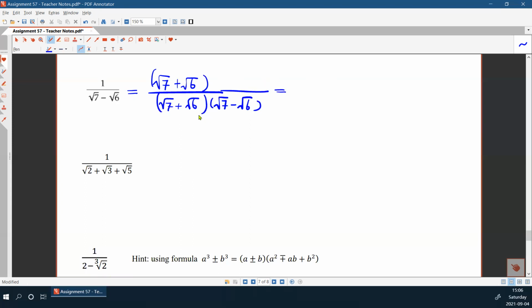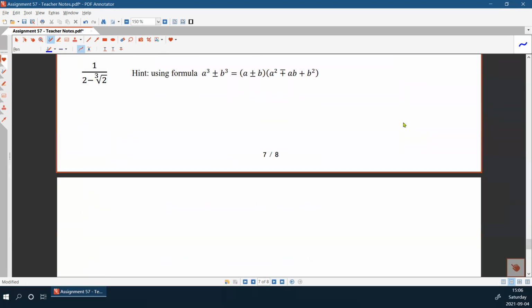And then according to the formula, the denominator becomes 7 minus 6, right? Okay, 7 minus 6 is 1. So the final result is square root of 7 plus square root of 6, right?